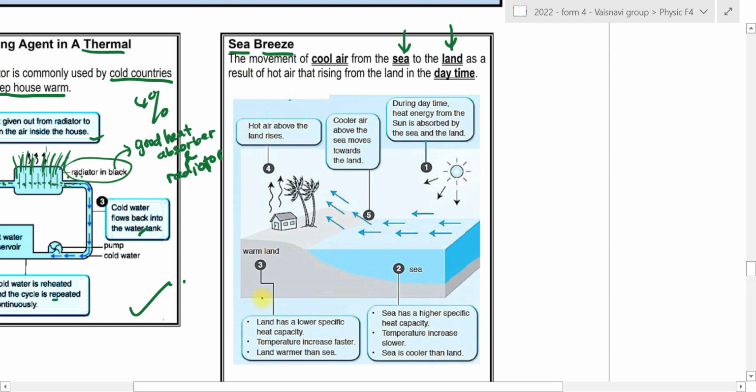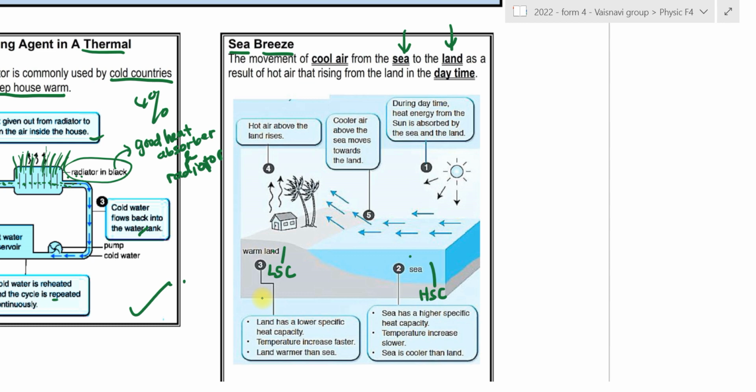Both absorb. But remember, between the land and the sea, land always has a low specific heat capacity. Sea water has a high specific heat capacity, because it is water. Another thing, the sea is larger than the land, so that's why it has a high specific heat capacity.